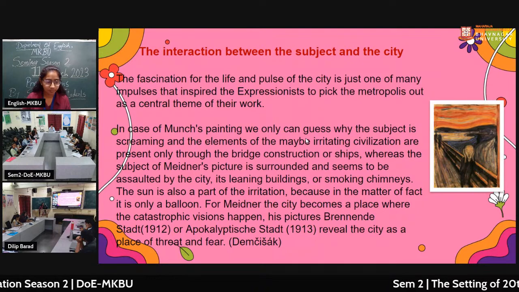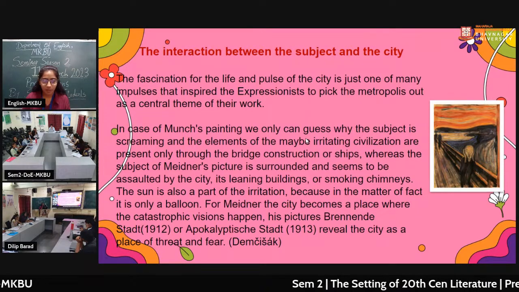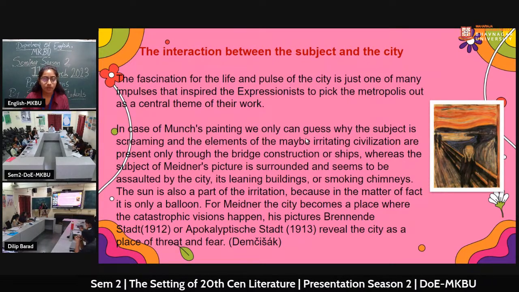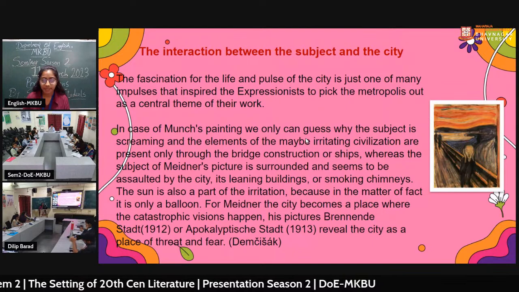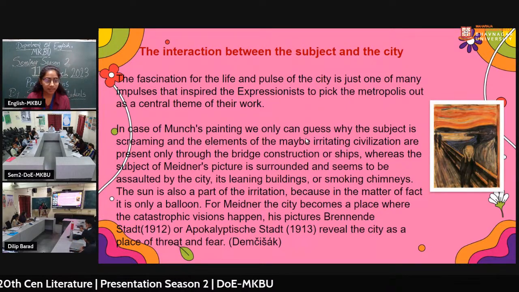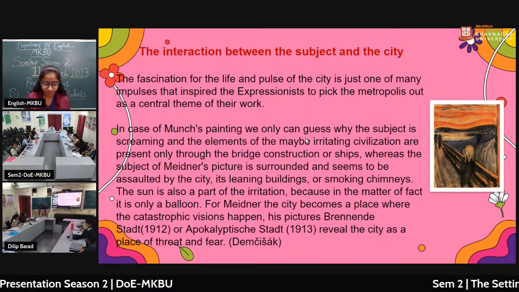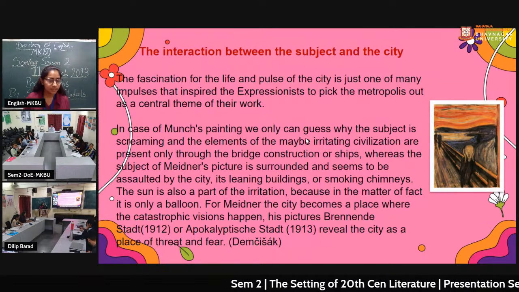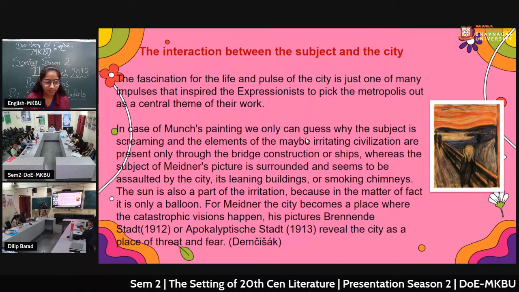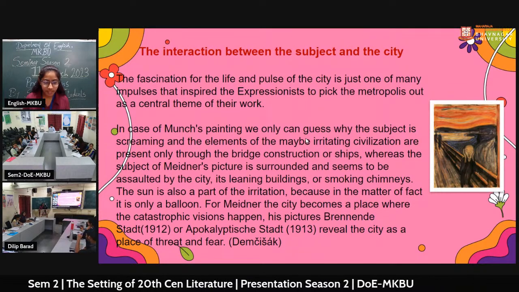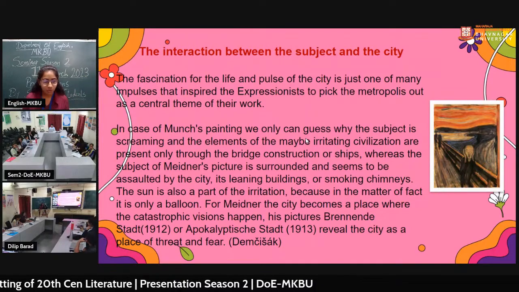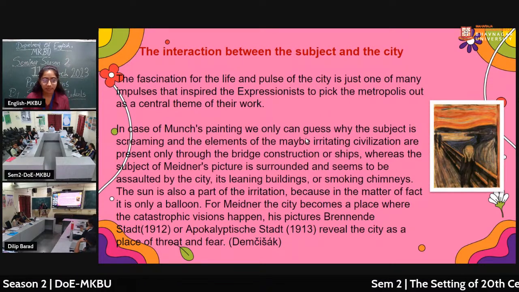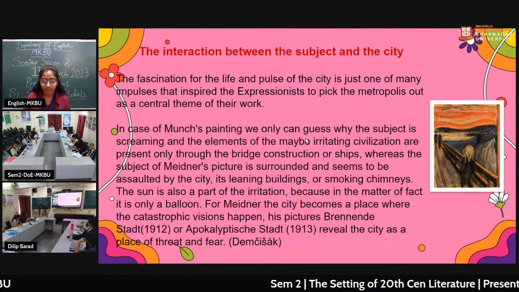In the case of Munch's painting, we can only guess why the subject is screaming, and the elements of the maybe irritating civilization are presented only through the bridge construction or ships, whereas the subject of Meidner's picture is surrounded and seems to be assaulted by the city, its towering buildings or smoking chimneys.